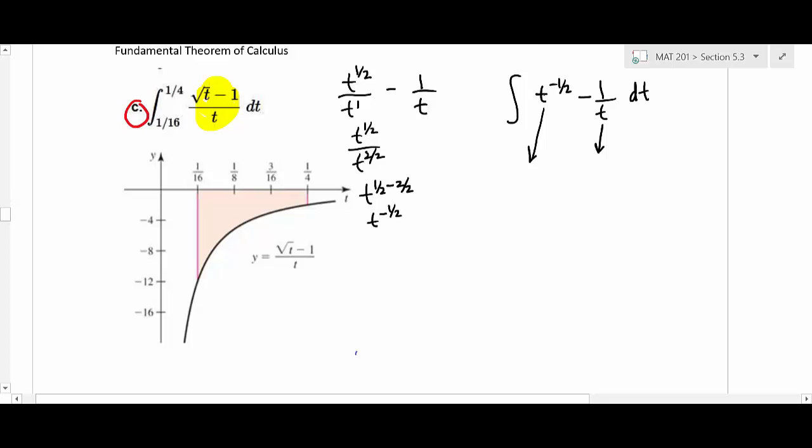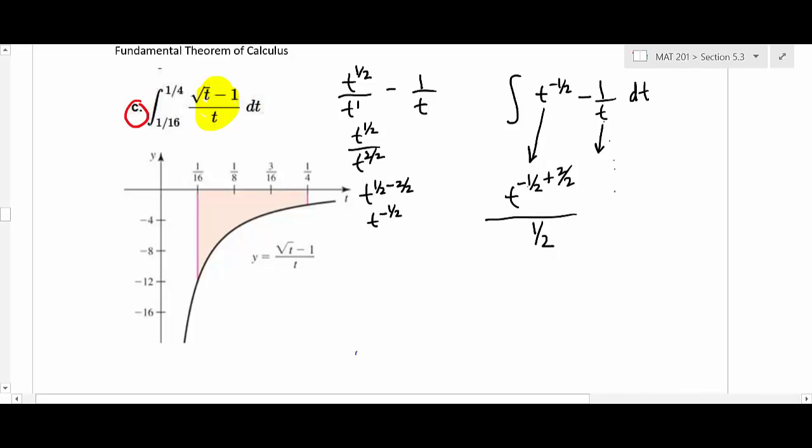So this one is a power rule. You add 1 to that, so I'm going to add 2/2. And then you divide by the result. So negative 1/2 plus 2/2 is 1/2. You're going to divide by 1/2, so what are you really going to do? You're going to multiply by 2.